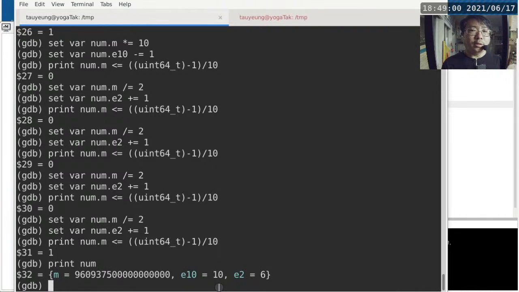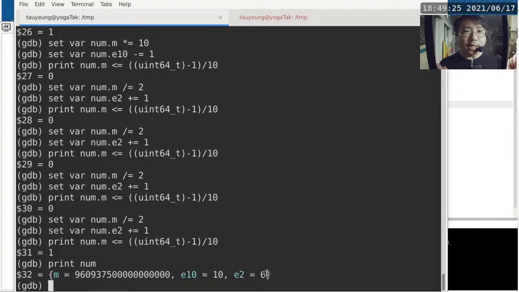We are trying to keep m as large as possible. But when it is no longer possible to have another multiplication by 10, then we keep dividing it by 2 until there is room to multiply by 10 again. Every time we multiply m by 10, we decrease e10 by 1. Every time we divide m by 2, we increase e2 by 1.